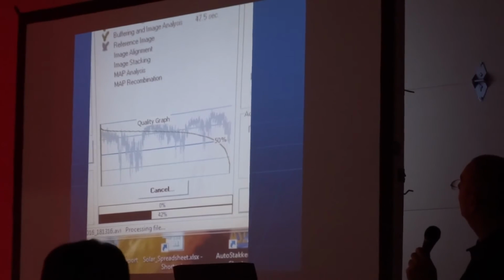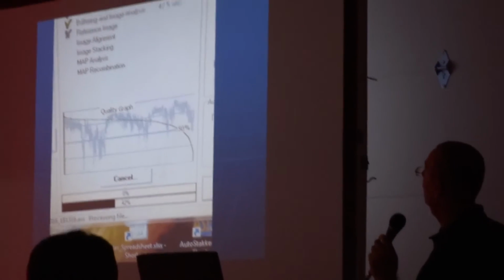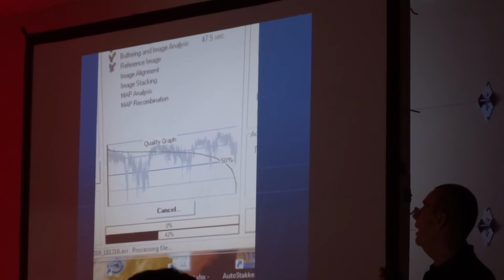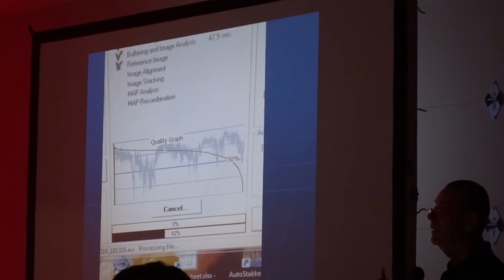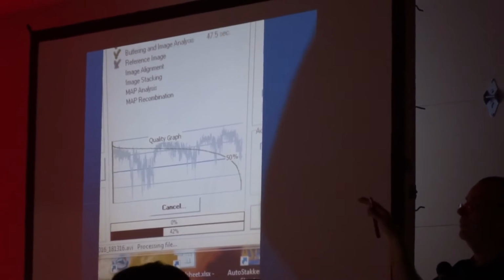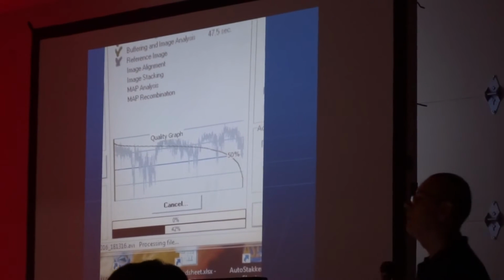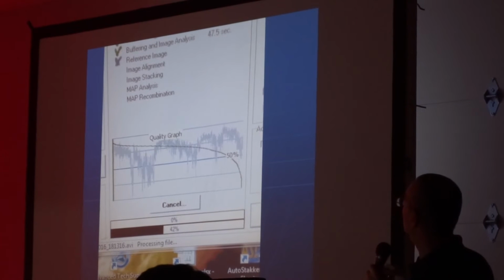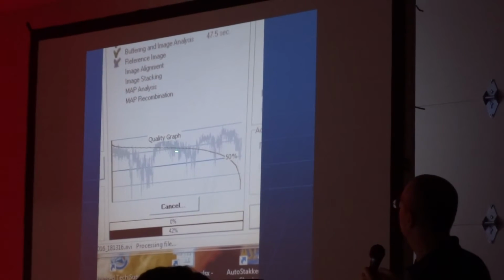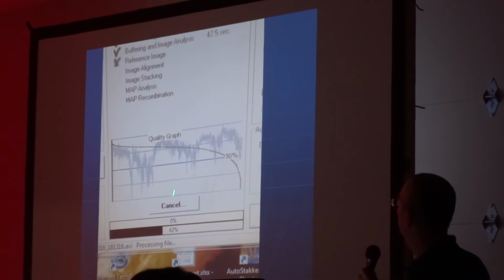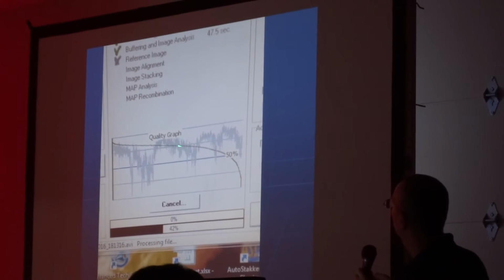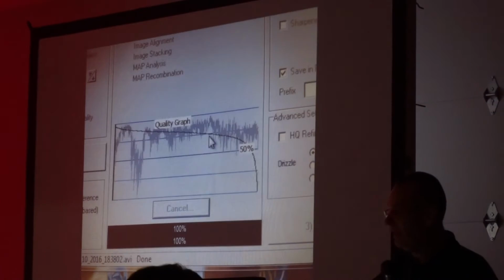When you take a picture, I used AutoStakkert 2. How many here use AutoStakkert 2? Okay, quite a few. If you notice, this actually is from one of the older versions. It doesn't have the vertical lines here, but if you cut this in half, right here you have a little over 50% quality graph.